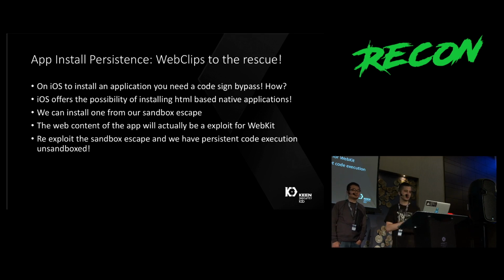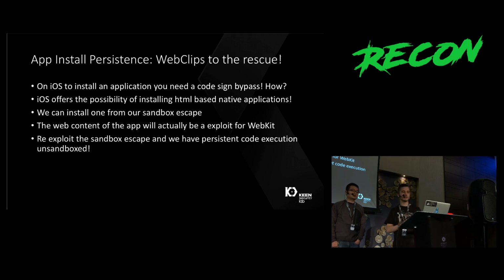Luckily, on iOS, there is a nice feature which allows us to bypass the code sign very easily. It's called web clips, and basically, iOS offers you the possibility to install native applications, but they run HTML inside. So there is no real executable code.